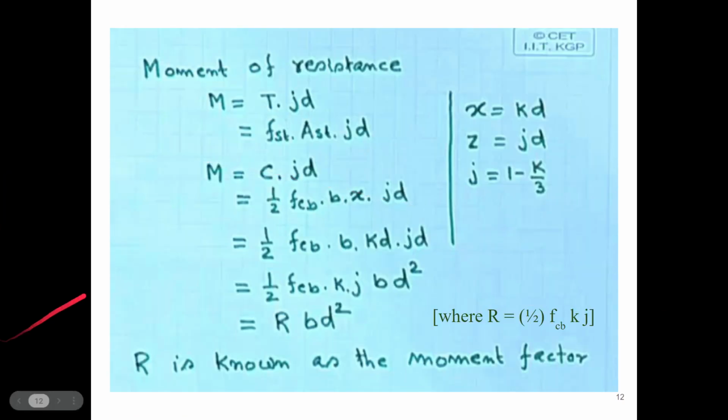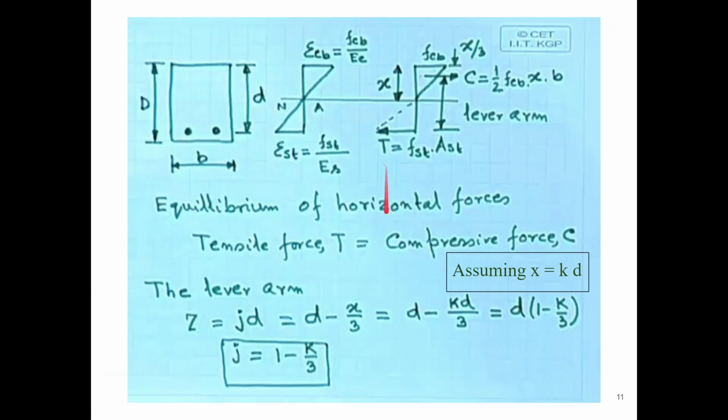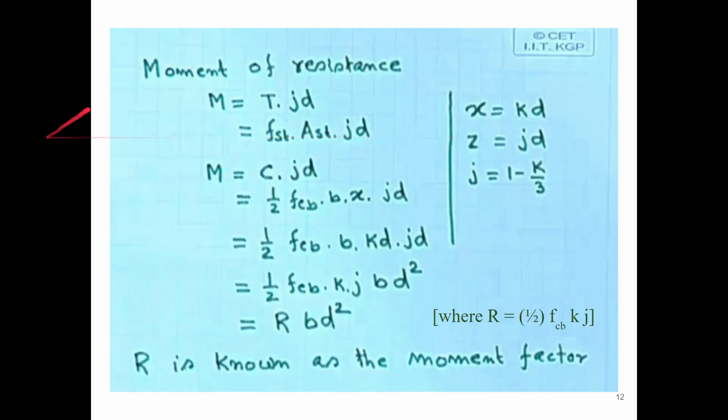This is basically the force. Now the main thing we require while solving problems is the moment of resistance, that is, the moment carrying capacity. The resistance capacity can be found in terms of tension, that is reinforcement, as well as in terms of compression, that is concrete.